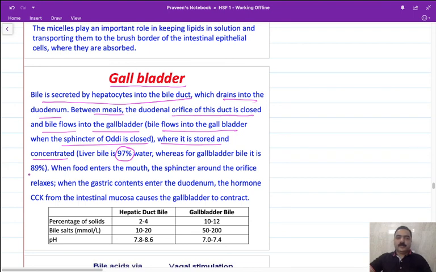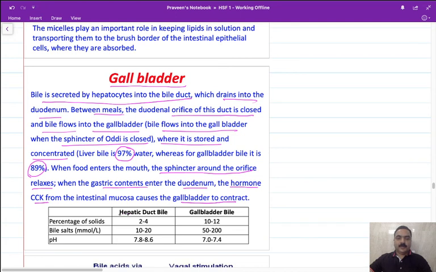Okay, so that is why the gallbladder bile has only 89% water. So when food enters the mouth, the sphincter around the orifice relaxes. The sphincter of Oddi relaxes, and when the gastric contents enter the duodenum, the hormone CCK from the duodenum causes the gallbladder to contract and causes the secretion of the gallbladder bile.